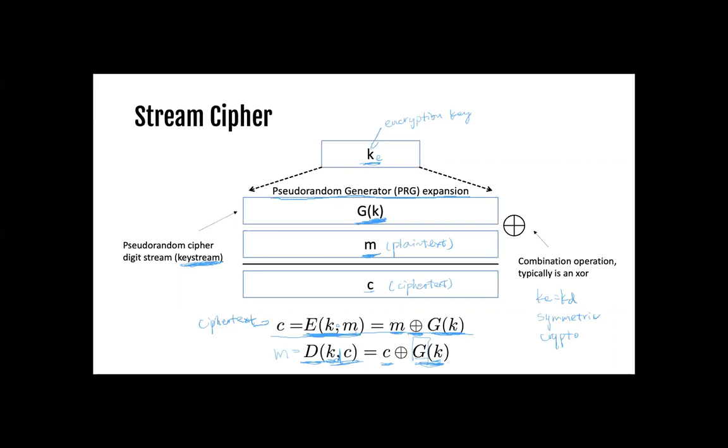But we want to generate a key stream, meaning that it is long and it's pseudo-random, meaning that you will not be able to predict it, which you will be able to see later in this video. So G, the function itself, we call it a pseudo-random generator, an expansion, because it expands the key to a key stream in a randomized way.